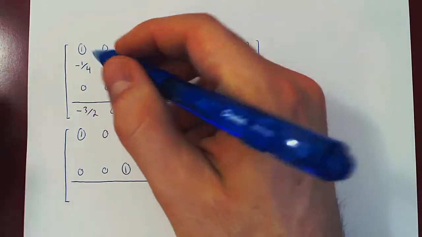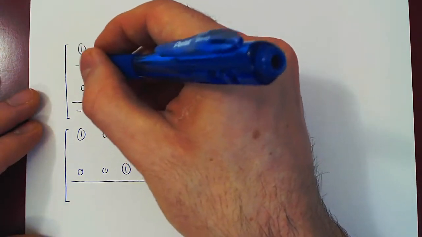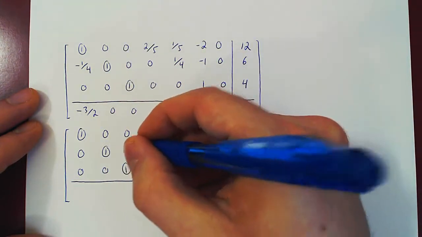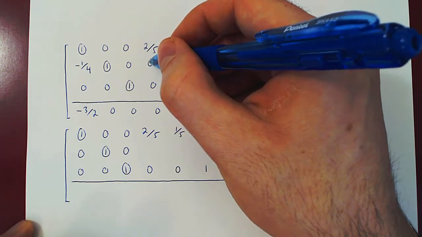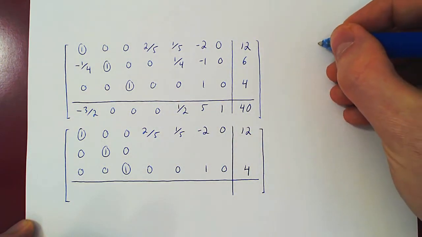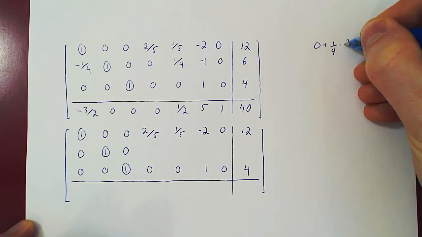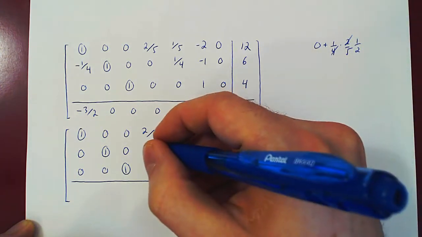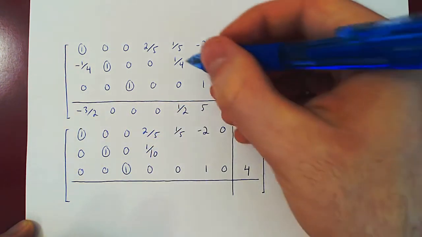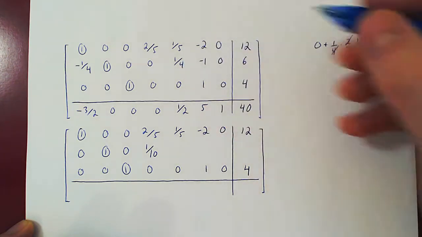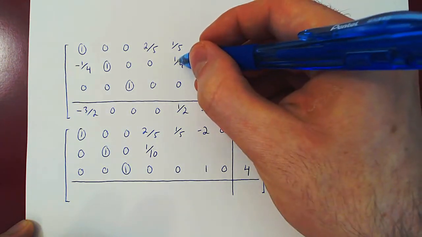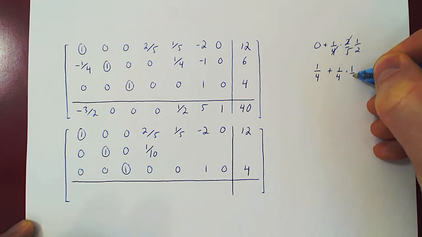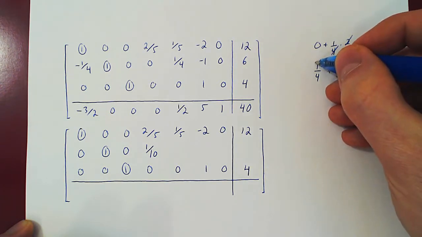So row 2 plus 1/4 of row 1. So -1/4 plus 1/4, 0. 1 plus 0, 1. 0 plus 0, 0. 0 plus 1/4 times 2/5. 2/2 is 1/2. 1/2 times 1/5 is 1/10. 1/4 plus 1/4 times 1/5, multiply by 5 here, you'll get 5/20.